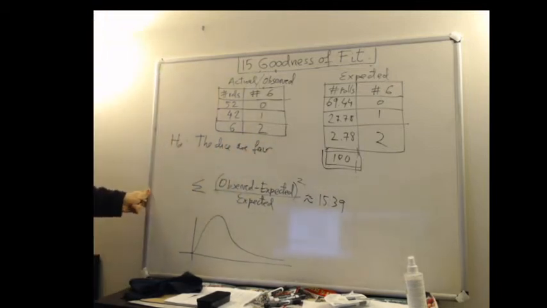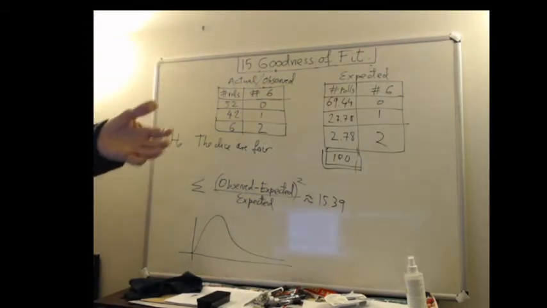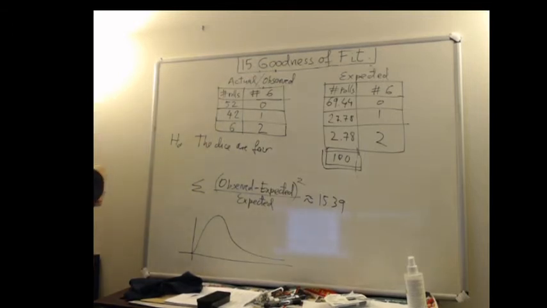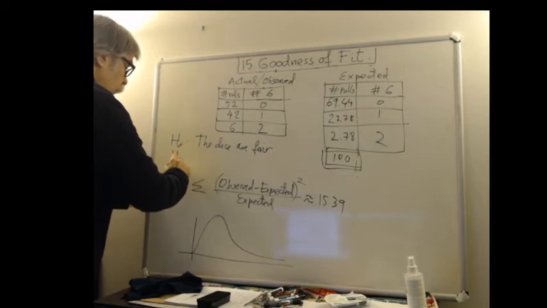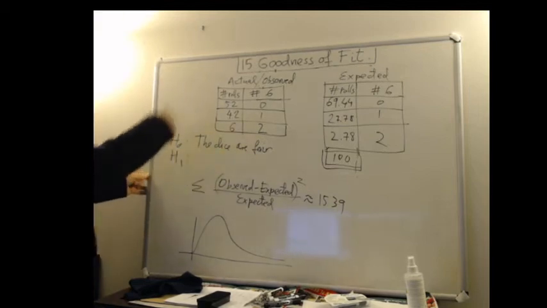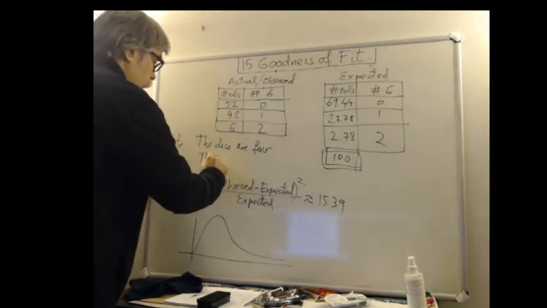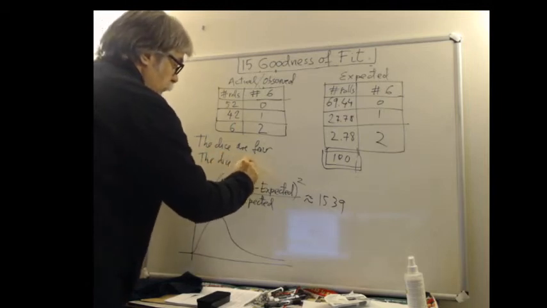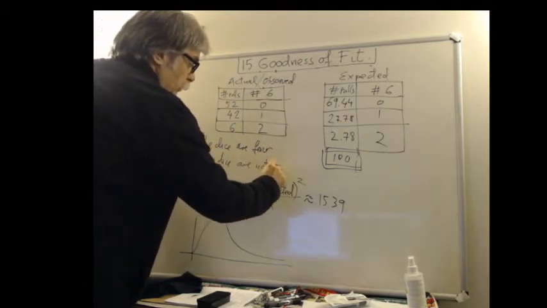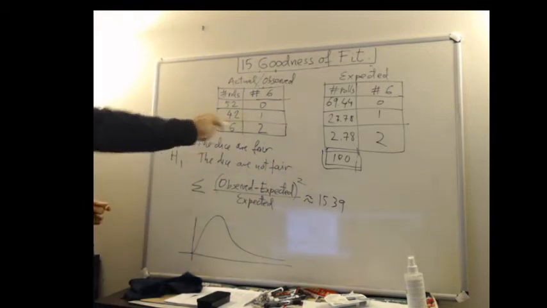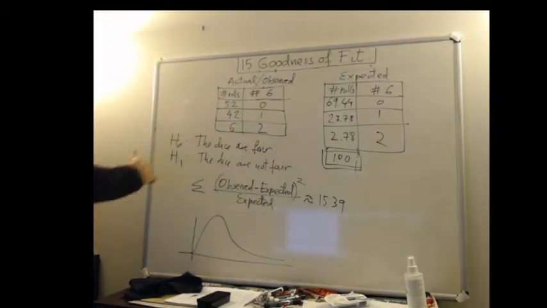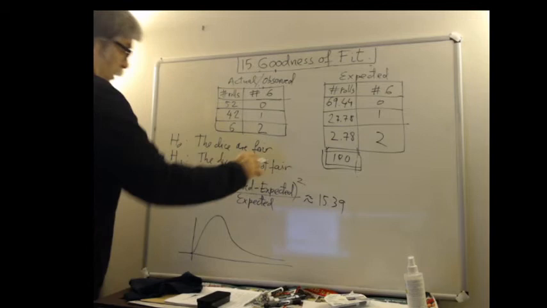So what happened is going to be slightly different than what should have happened, but it's not a big difference. Okay, so the dice are fair. Alternative hypothesis: the dice are not fair. There's cheating in the game. You can also say, what has happened is what is expected. What has happened is what is not expected.